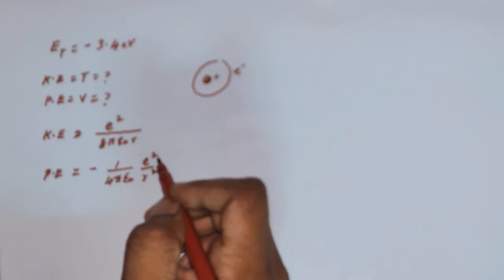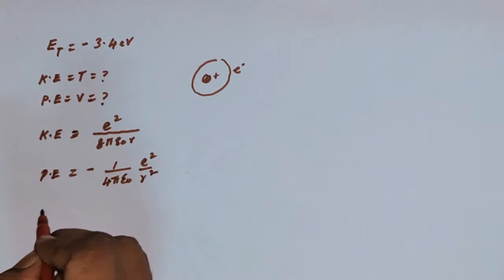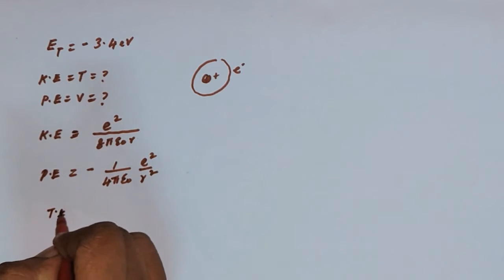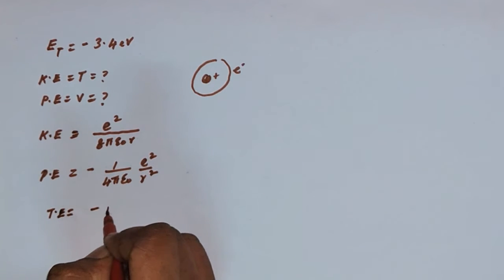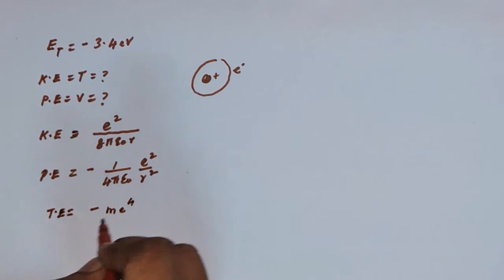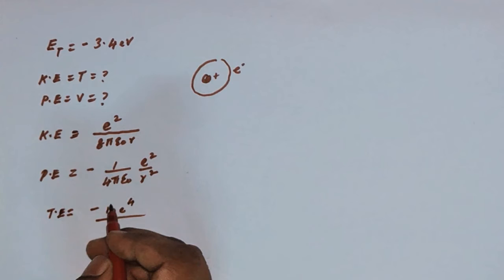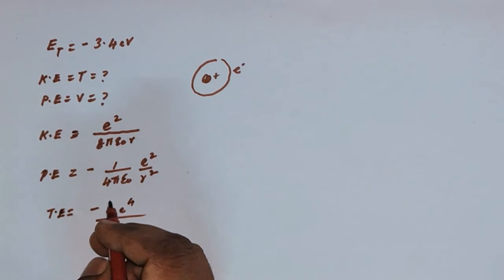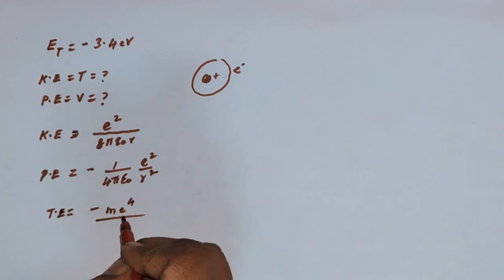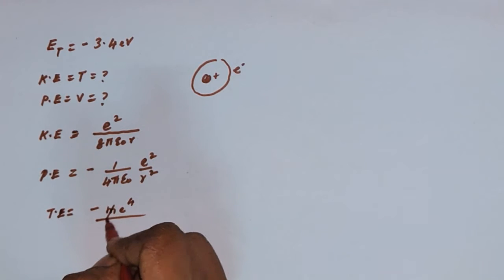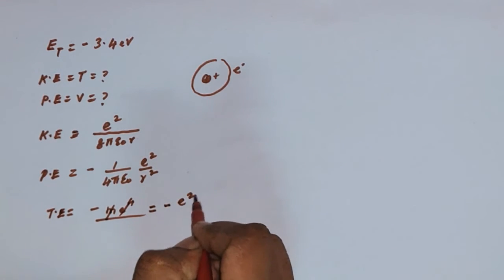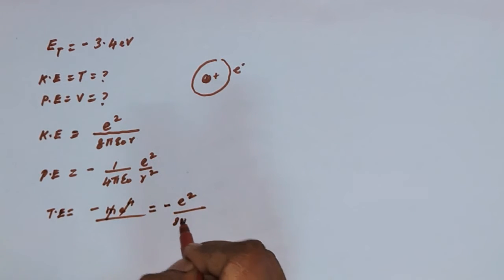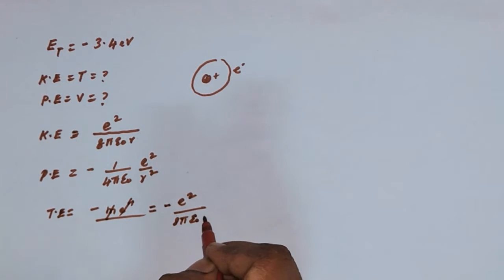So the total energy in general, if you are summing up these two, it will give minus e square divided by 8 pi epsilon naught r.